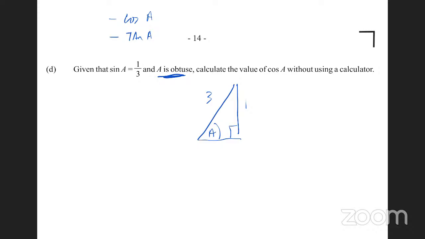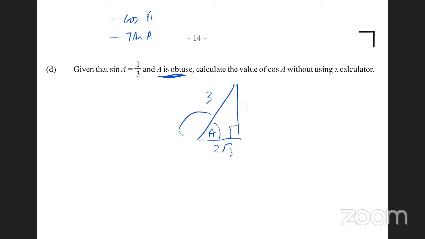How much will I get? Square root of 8, which is 2 root 2. But remember, A is obtuse.